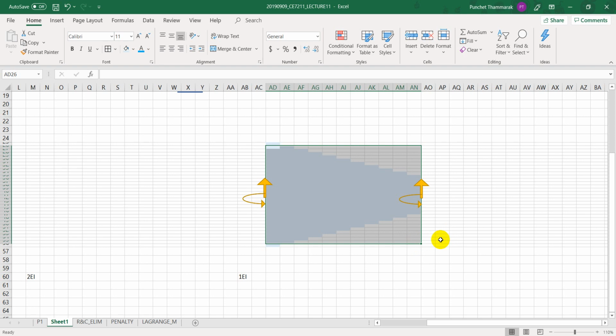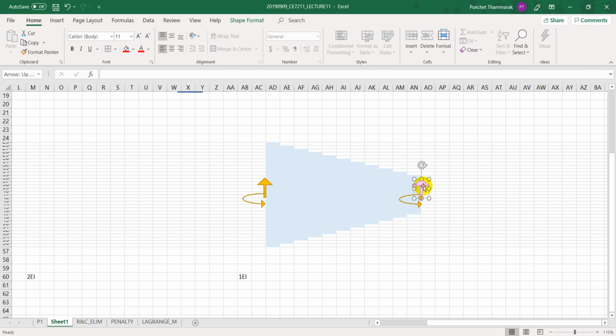Then you will find the stiffness of this and it turns out to be just a 4x4 matrix. How? First of all, you lock this degree of freedom, you lock this degree of freedom, you lock this degree of freedom.